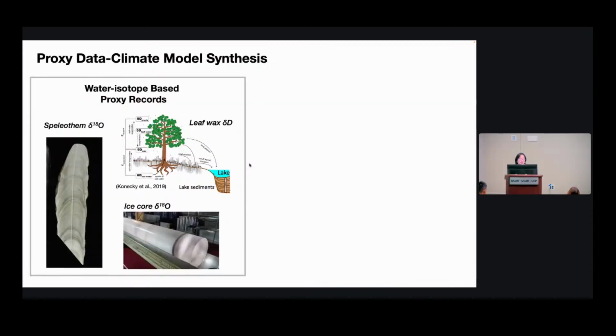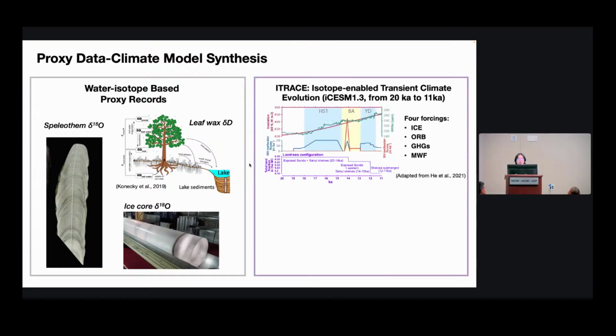Okay, to answer these questions, we put together published water isotope-based proxy records spanning the last deglaciation, covering tropical South America, including speleothem delta 18O, leaf wax delta D, and S-core records. We'll compare that with iTrace, the isotope-enabled transient climate evolution simulation, which is the first one for the last deglaciation, conducted using CESM 1.3.